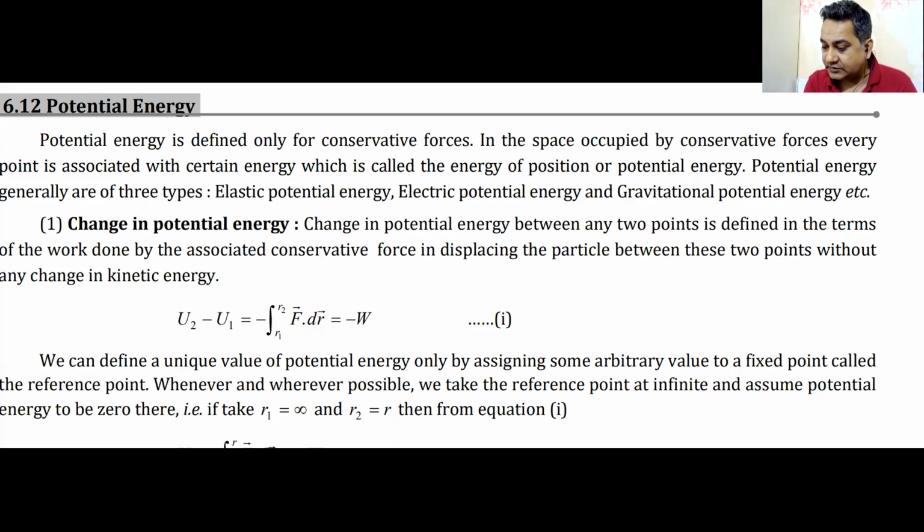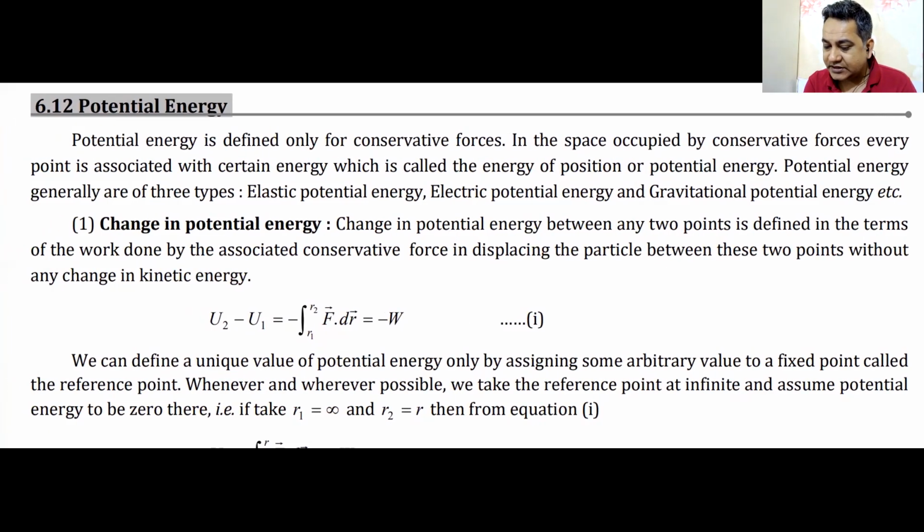Potential energy. What is potential energy? Potential energy is defined only for conservative forces. We know this. In the space occupying conservative forces, every point is associated with a potential, and if there is something put there, that becomes converted into potential energy.